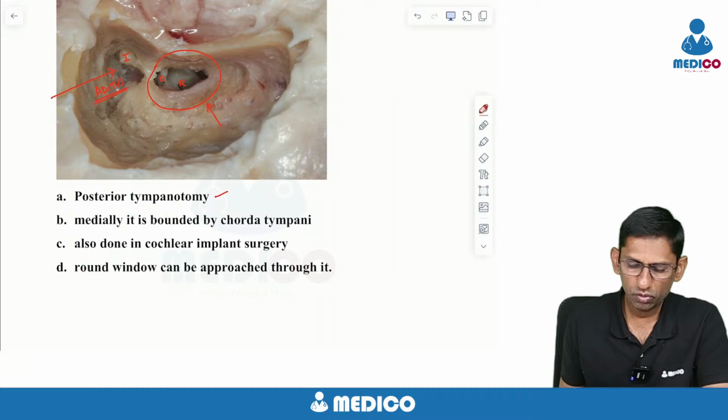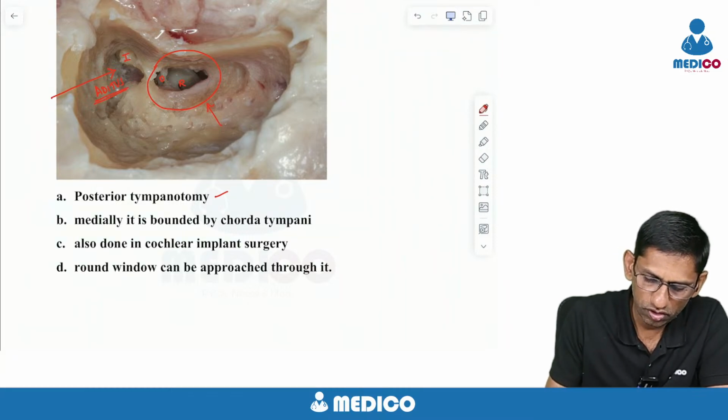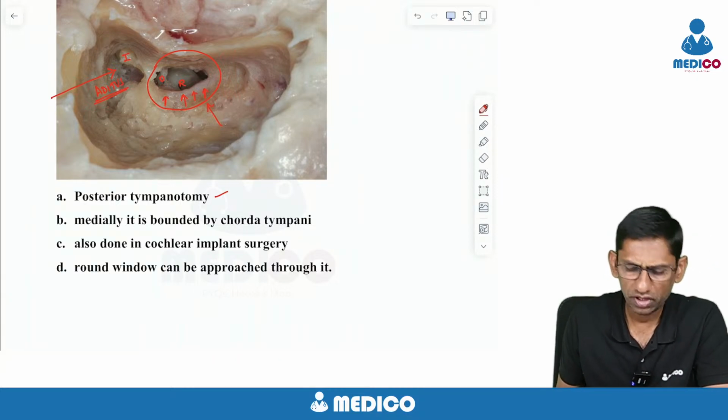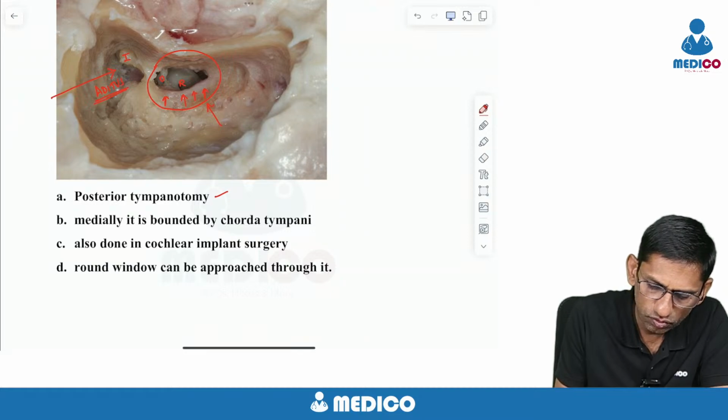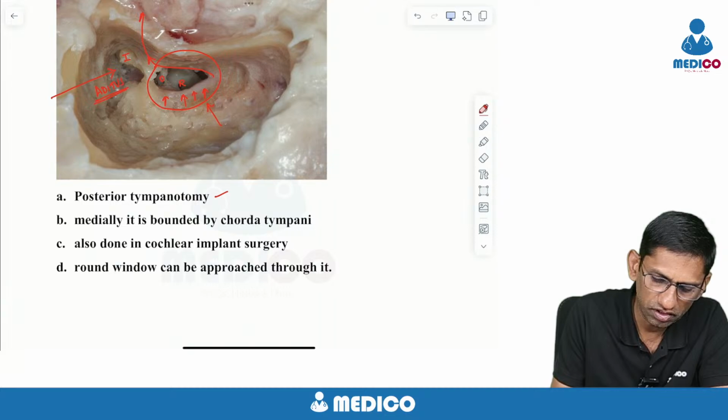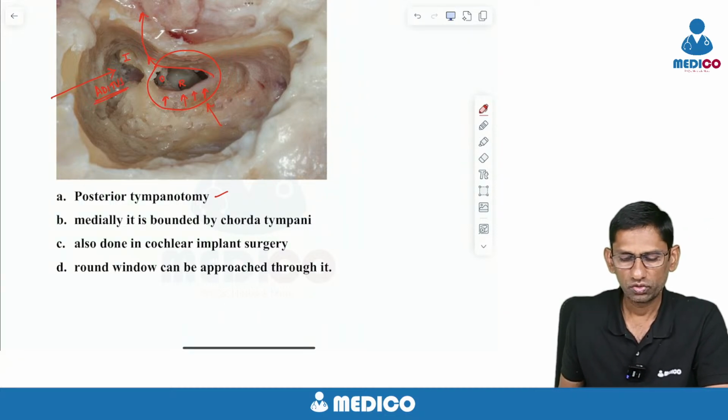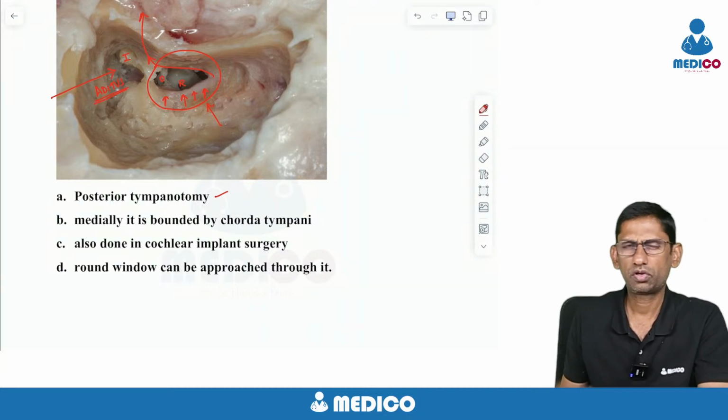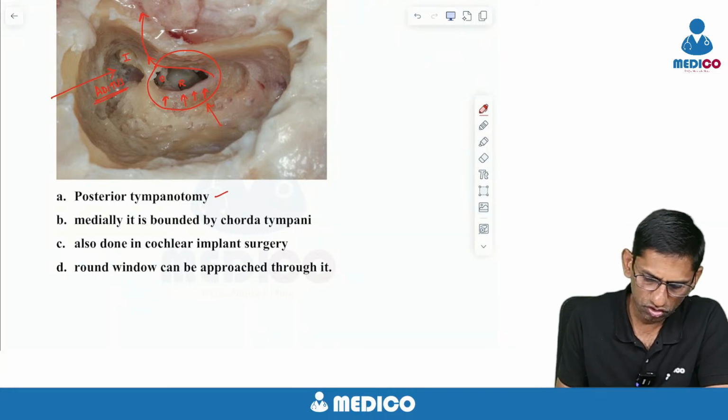No, the medial boundary of the facial recess is the vertical part of the facial nerve. Laterally, the facial nerve gives a branch which goes anteriorly to exit. This branch is called chorda tympani. So the chorda tympani is a lateral branch, not a medial branch.